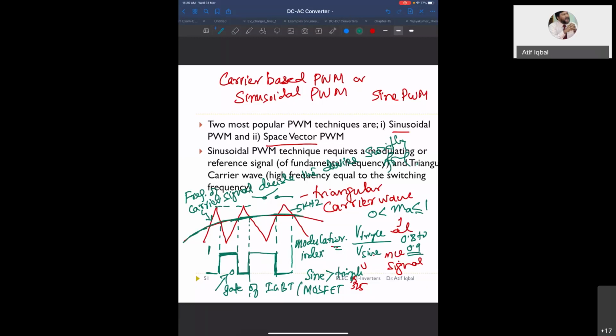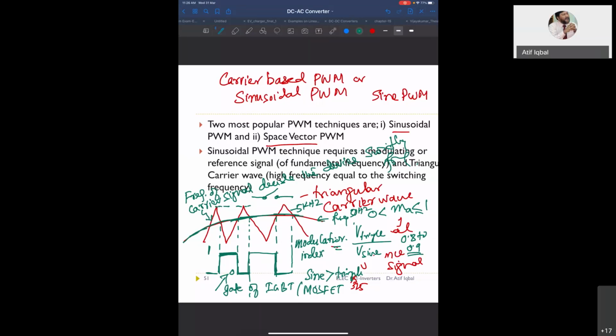So sinusoidal PWM technique requires a modulating or a reference signal of fundamental frequency. The frequency of the modulating signal defines what is the frequency of the actual output voltage. If the modulating signal is at 50 hertz, the fundamental frequency of the output voltage will be also 50 hertz.